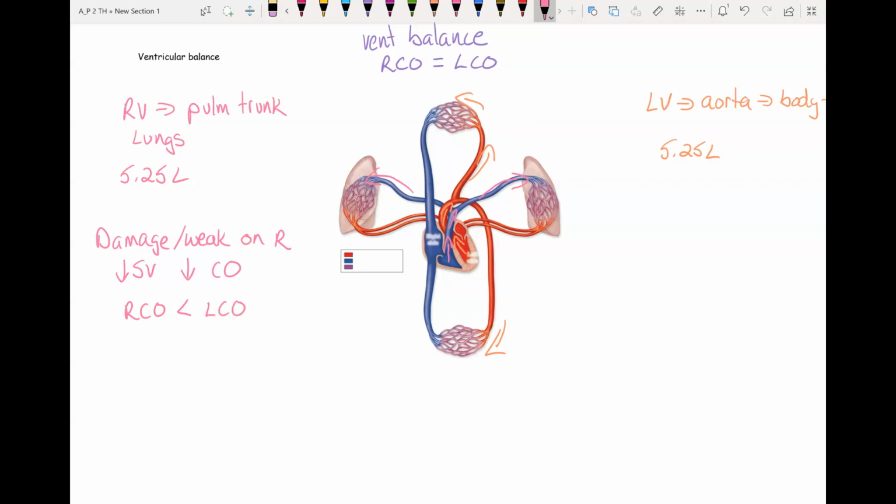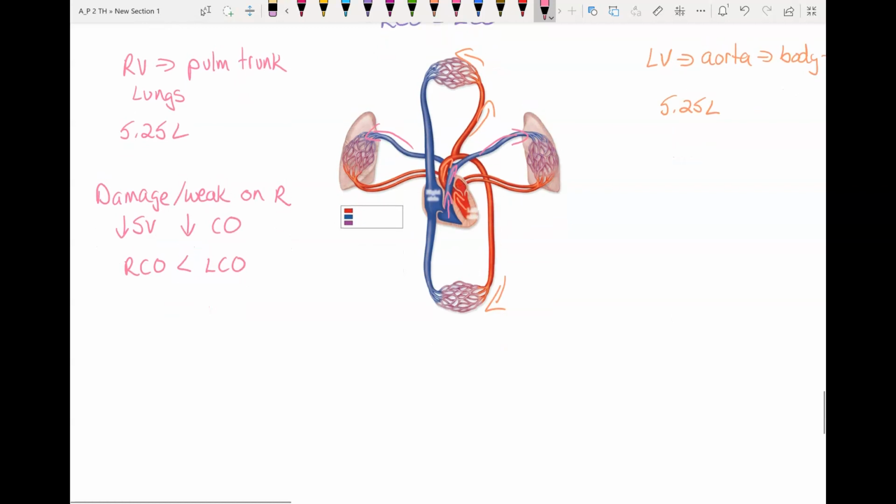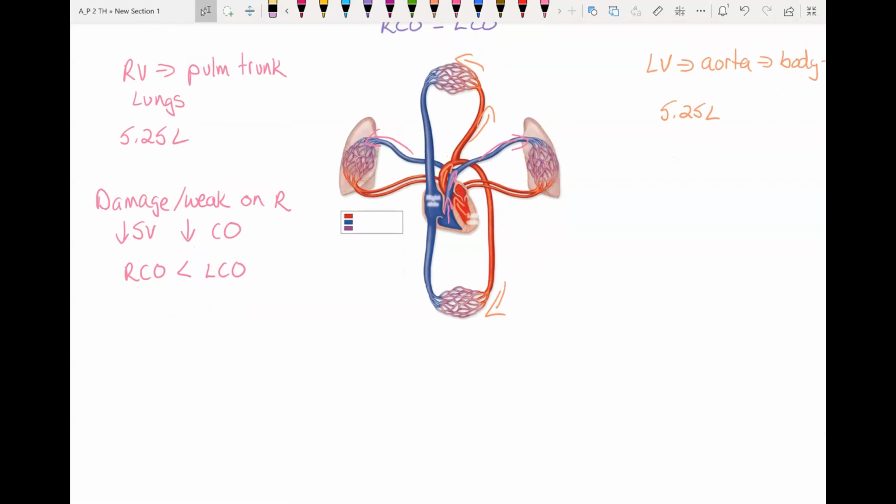So in this scenario, we're saying the left side of the heart is still doing fine. It's the right side of your heart that has a problem, and it has a lower stroke volume. So if the right side of the heart has a lower stroke volume, that means it's going to have a higher end systolic volume.